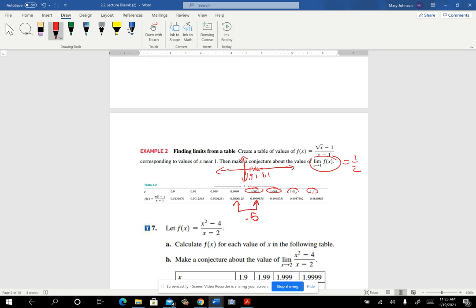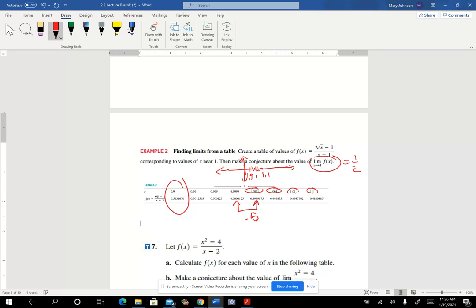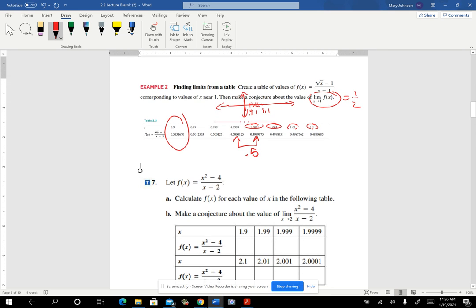All right, now, before we move on from this, I want you to pause the video and try to type 0.9 into that function. Let me make a little space here. Before you move on, be sure you can plug this in correctly, because these horizontal fraction bars are a bit of an issue.